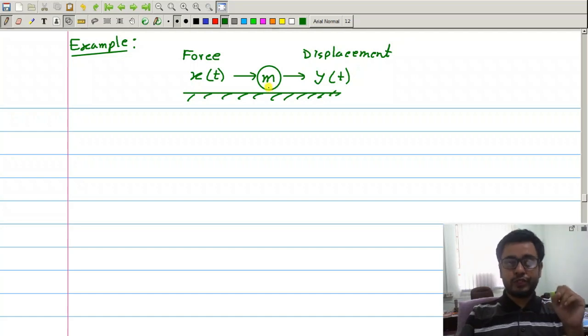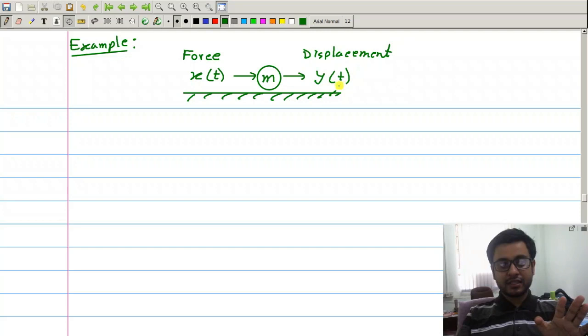That is what we will call the natural response. Again, if the initial position and velocity are 0, then if you give force, you can get an output. That is what we will call the forced response.